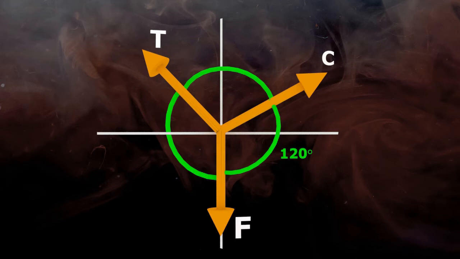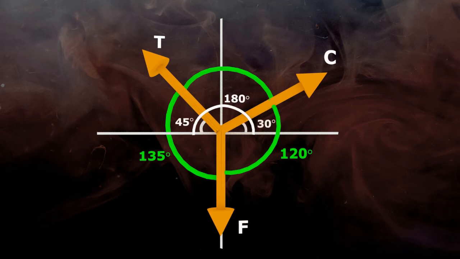Angle between forces F and T is 90 plus 45 equals 135 degree. Similarly, the angle between forces T and C is the total angle between positive and negative x-axis, that is 180 degree, minus 45 minus 30 equals 105 degree.